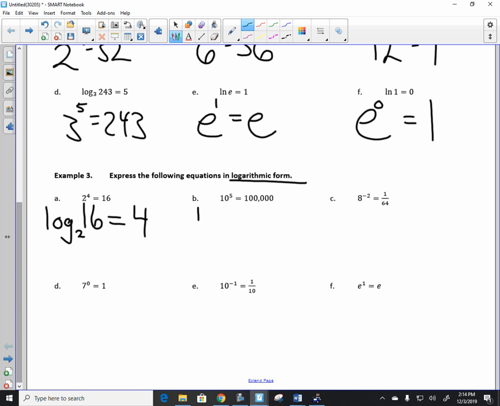This would be log base what? If the base is 10, you don't have to write base 10. It's assumed. So log of 100,000 is equal to 5. Log base 8 of 1/64 is -2.